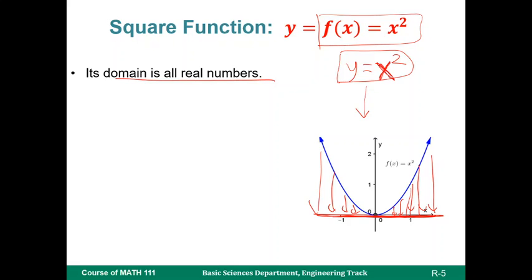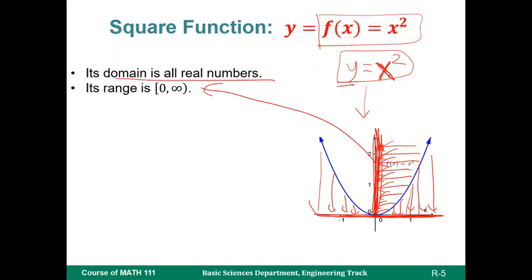You can put any x here. You can take the square of any real number, and it gives only one value. So there's no problem. And the range: you take the projection of the curve onto the y-axis. So you see only this part. This corresponds to the range from 0 to infinity.